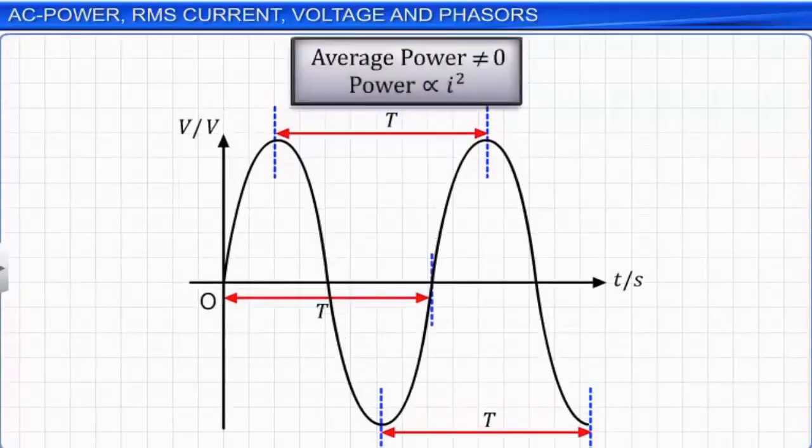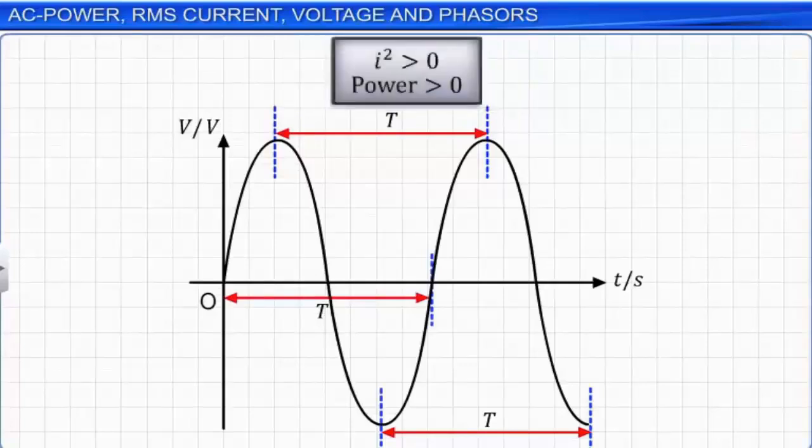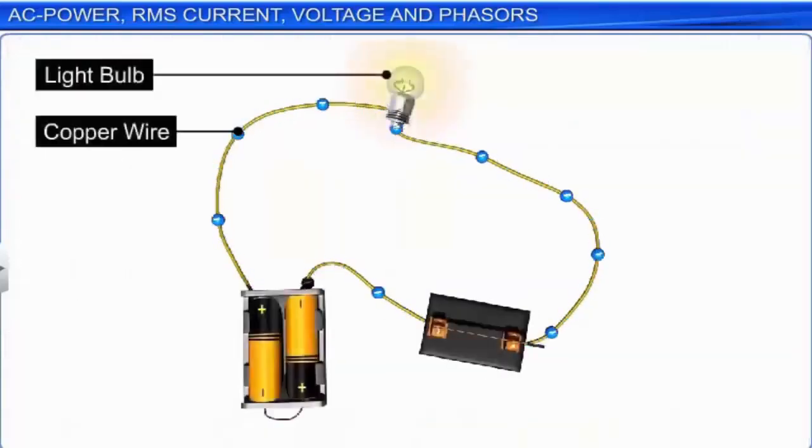However, the average power across the cycle is not 0, since the power dissipated across the resistor is proportional to I squared. As I squared always assumes a positive value even when the value of current is negative, the average power is always positive.